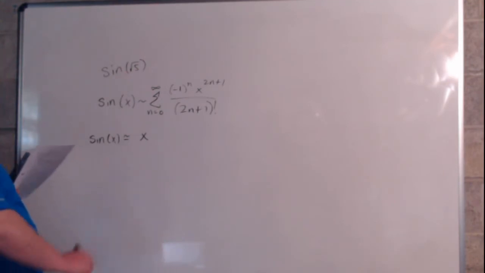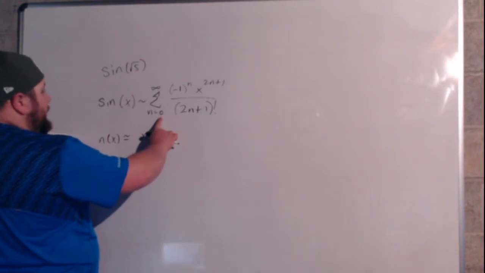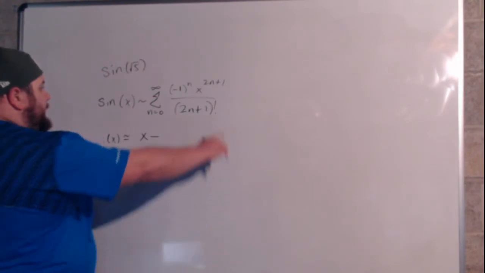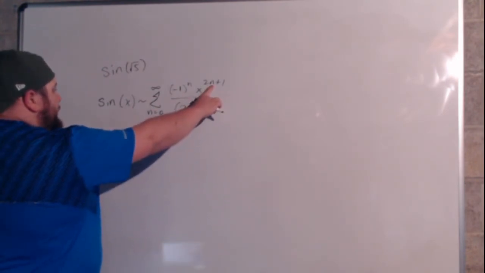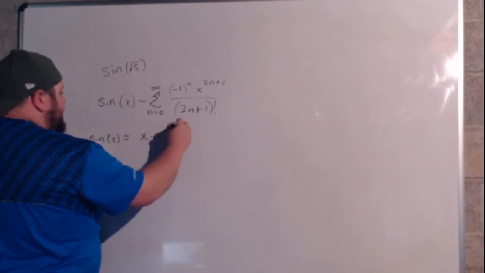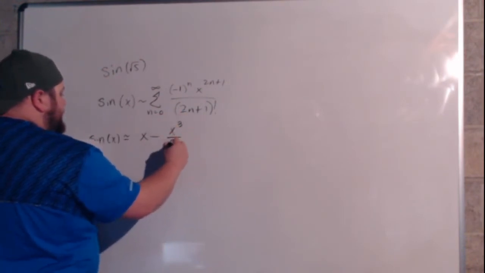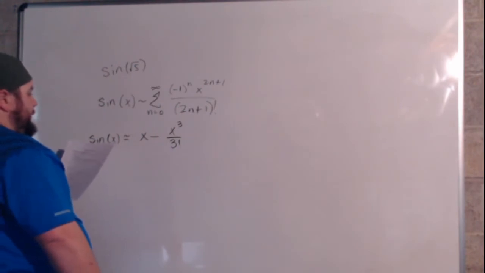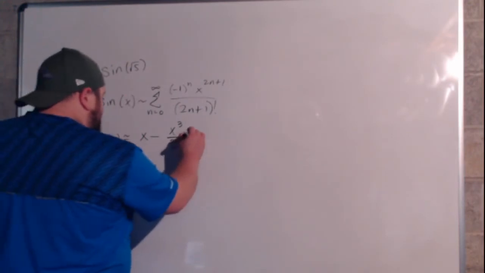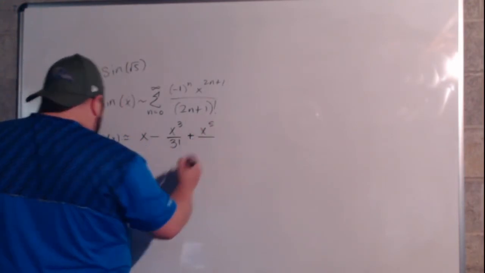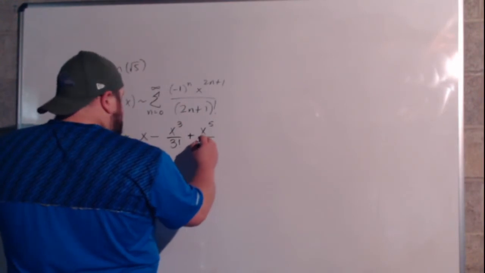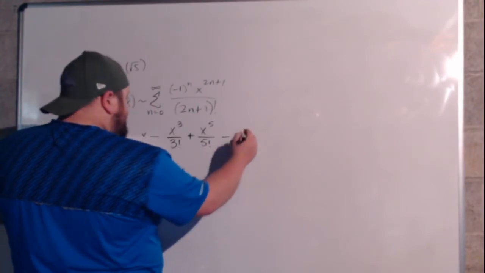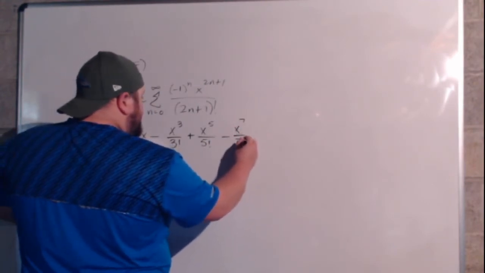Then you plug in n equal 1. So that would be a negative term. Plug in n equal 1 here, and you have x cubed, and then down here, 3 factorial. So I'm just going to write out the rest of the terms. So this would be 5 factorial, then minus that term.